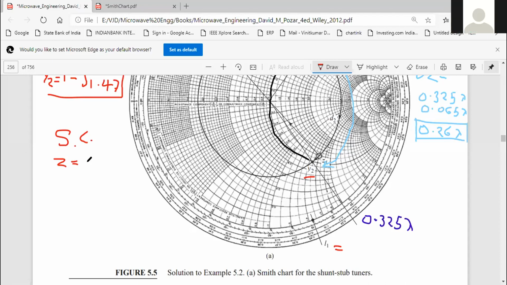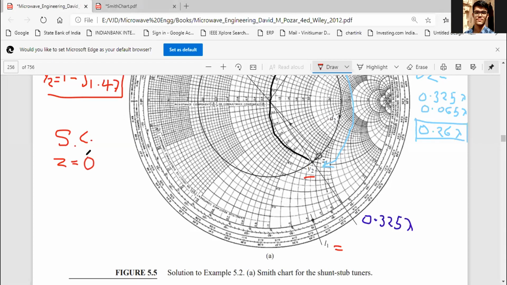Zero or infinity? Sir, it will be 0. So your Z value will be 0.